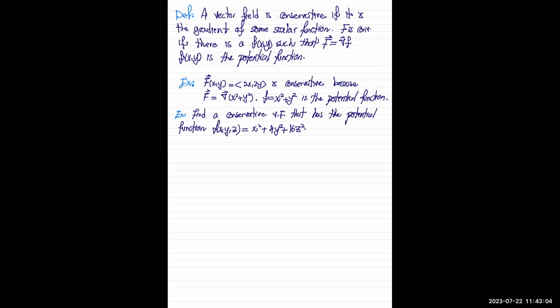So capital F, which is the conservative vector field you're looking for, is the gradient of this potential function. And the gradient is the partial derivative with respect to x, then the derivative with respect to y, and then the derivative with respect to z. This gives you a vector field in 3D.